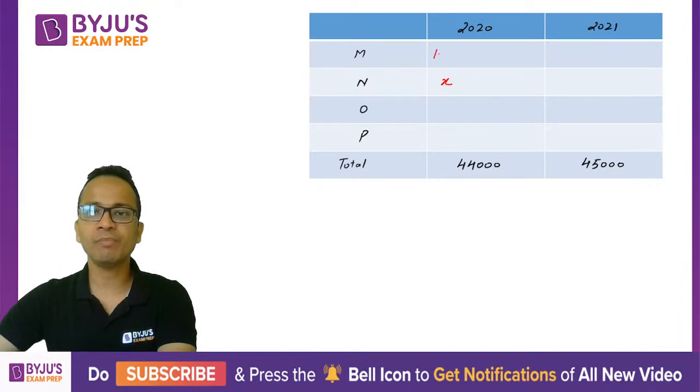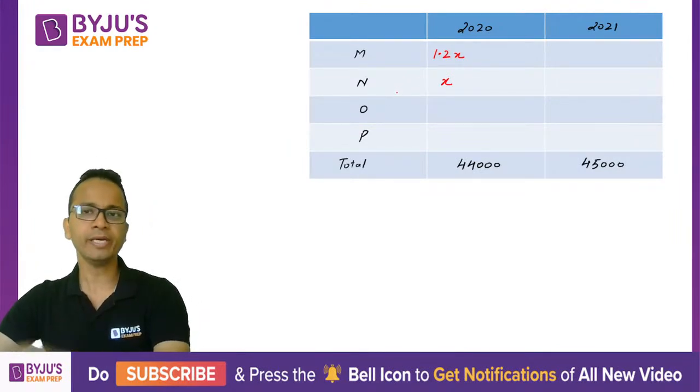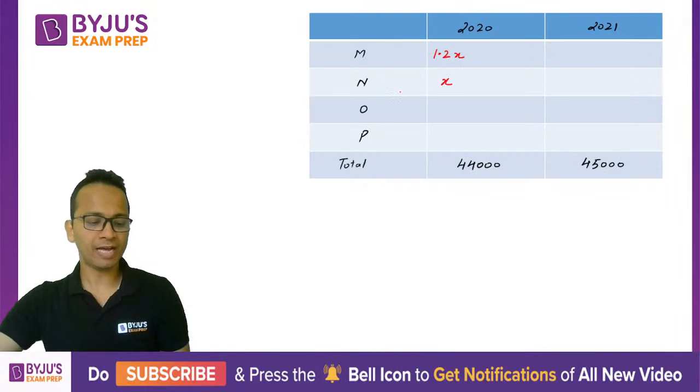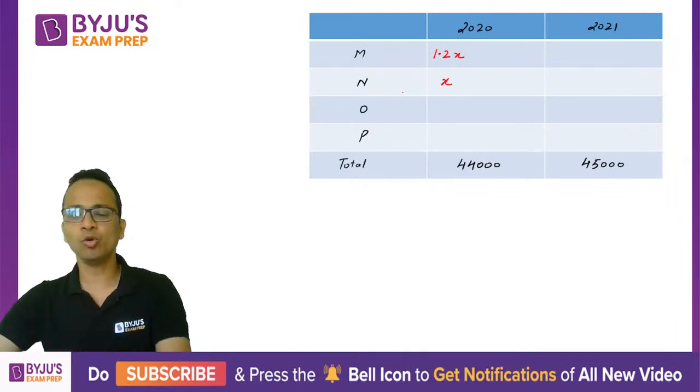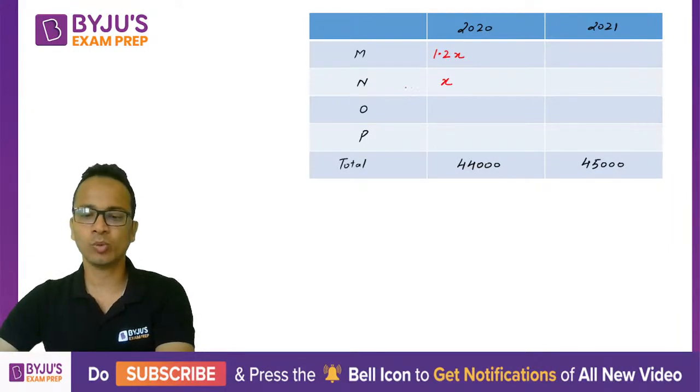So the value of M will be 1.2x. I am working on the year 2020. First we'll write all the values for 2020 and then we'll move on to 2021. So M is 20% more than N. This is what is given.